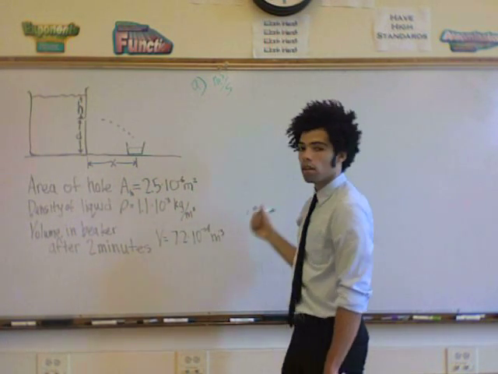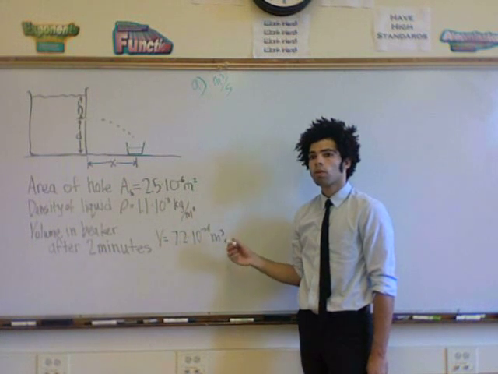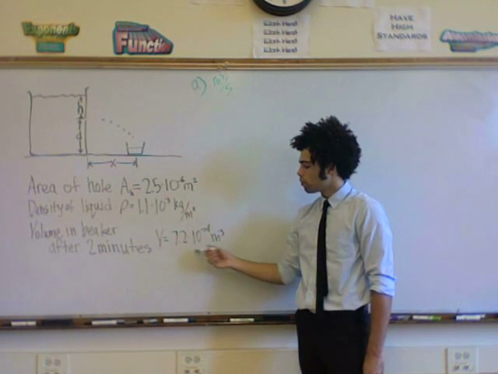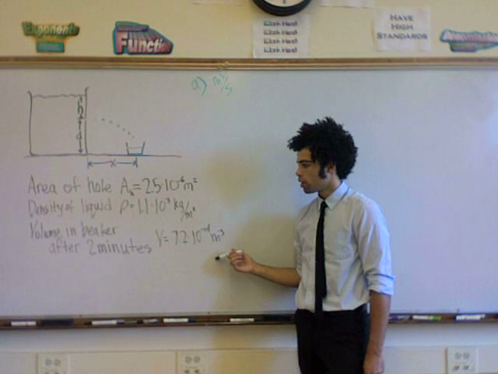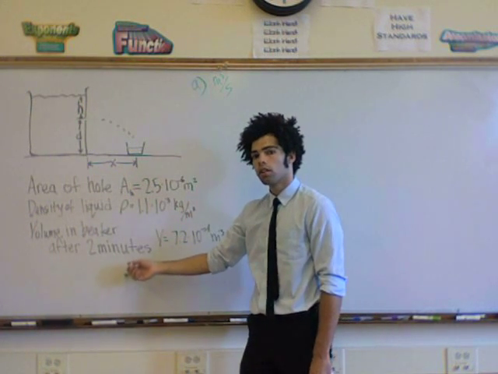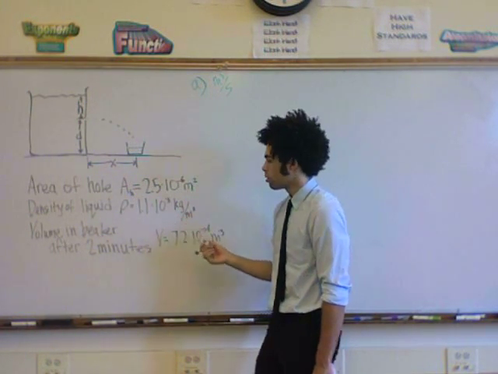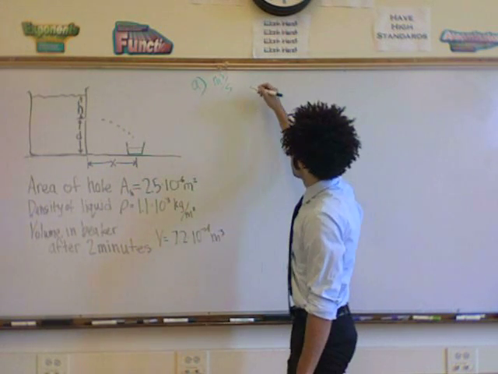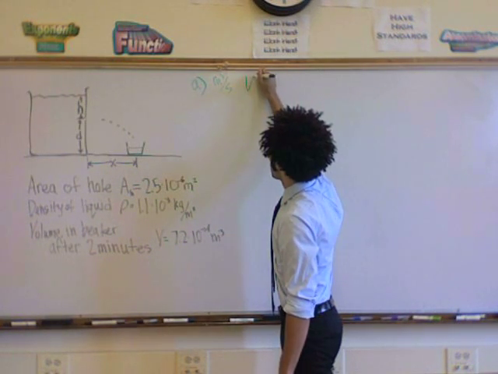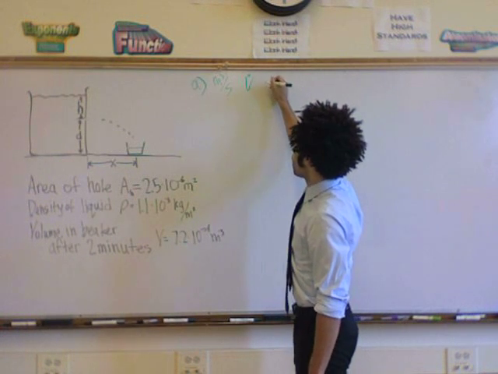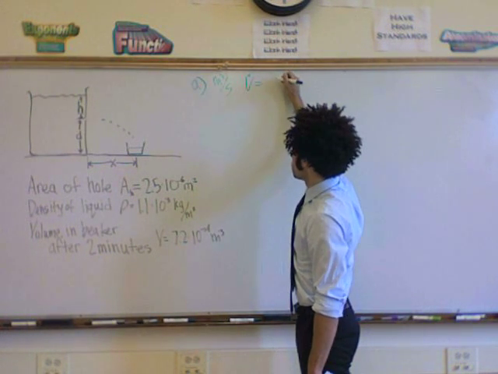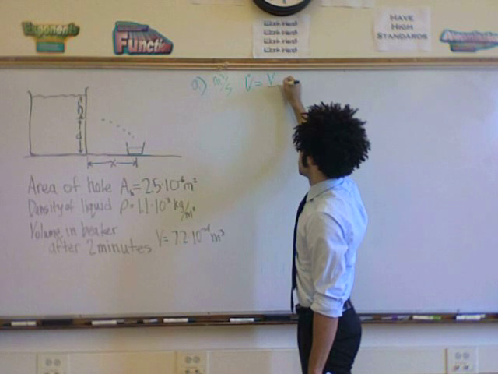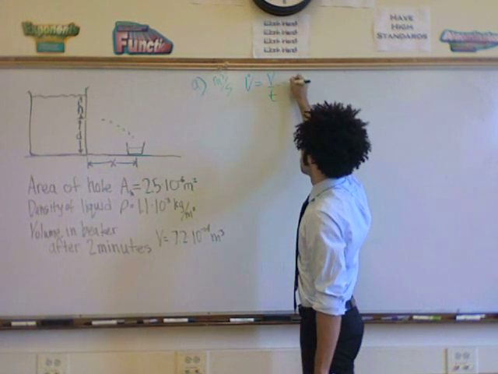And now let's just think for a second. We know the volume of fluid that's exited the container, and we know the time that it did it in. By using those two, we can find our volume flow rate. So volume flow rate, which I'll write as a V with the dot on top, is equal to the volume exited over the time it did it in.